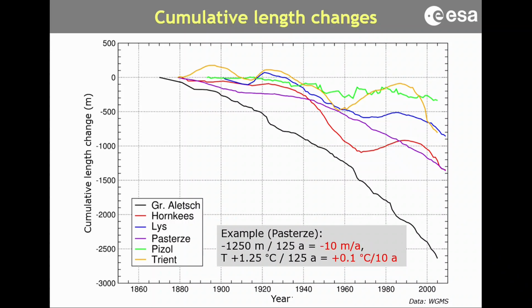At the same time, the temperature has increased by about, let's say, 1.25 degrees over these 125 years, which gives you a temperature increase of 0.1 degree over 10 years, or 0.01 degree per year.